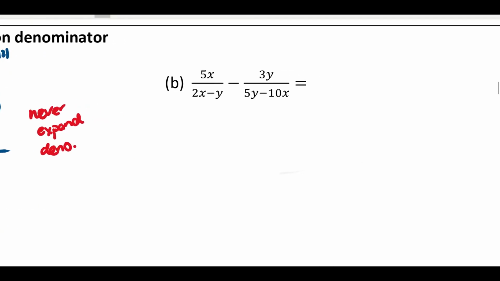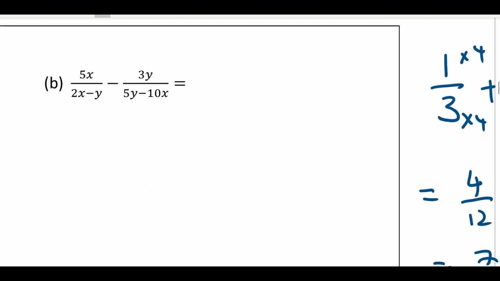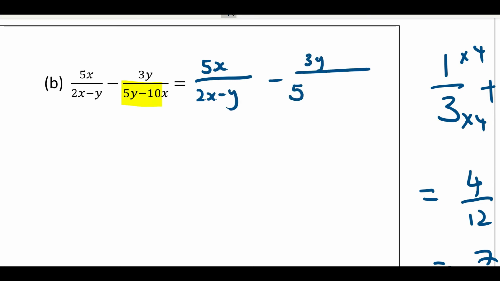But if you go to this denominator, again, whenever you see an algebraic term that has two terms or more, see whether they can factorize or not. Can factorize? You can. 5x over 2x minus y, minus 3y over, take out 5, y minus 2x.